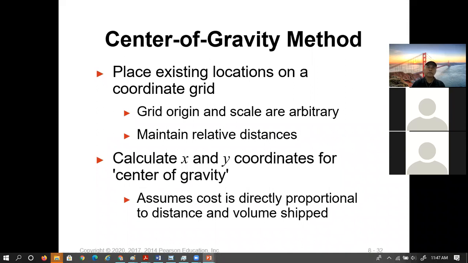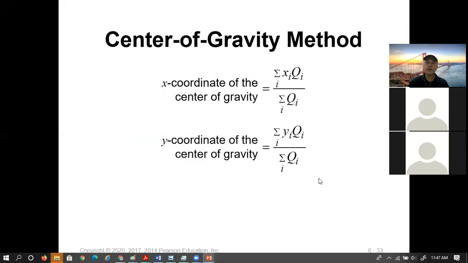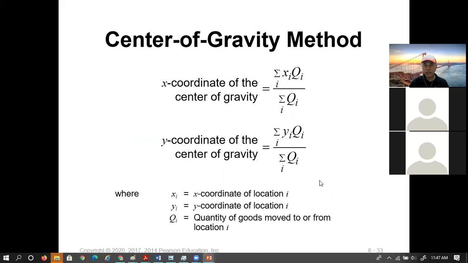So this is how to make the center of gravity: place the existing locations on a coordinate system, and then calculate the x and y coordinates. Then we can determine the exact location by this equation, where x is the coordinate of the location, y is the coordinate of the location, and q is the quantity.